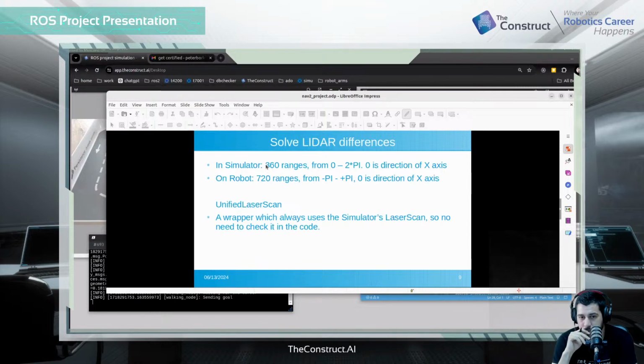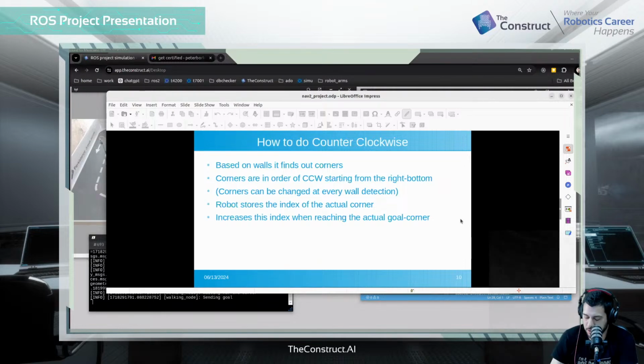So I wrote a wrapper for that, which always gives me the simpler cases with 360 ranges and the angles between 0 and 2 pi. I think it was easier than writing ifs and branches in the code. Okay, how to do this counterclockwise?